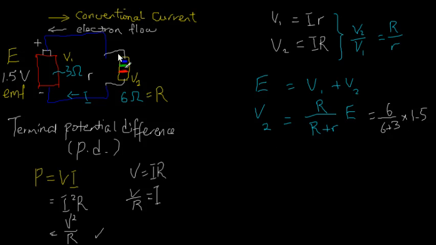Once we know V2, which is the voltage across the external resistor, we can then use this formula to find the power.